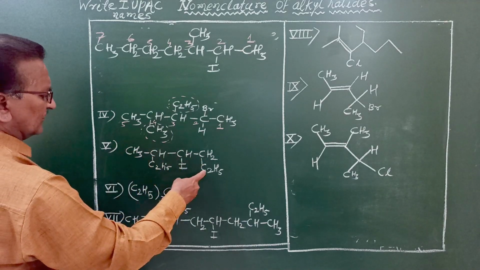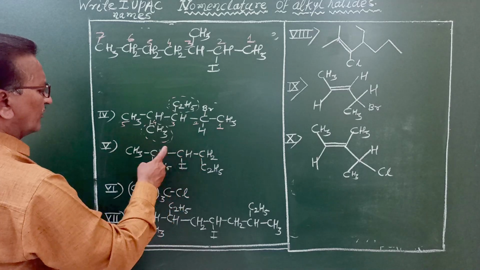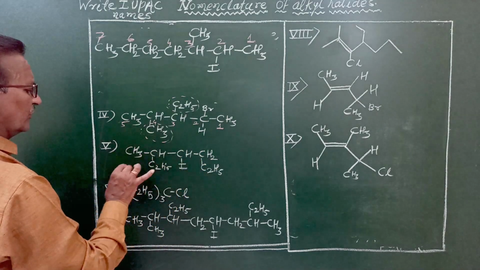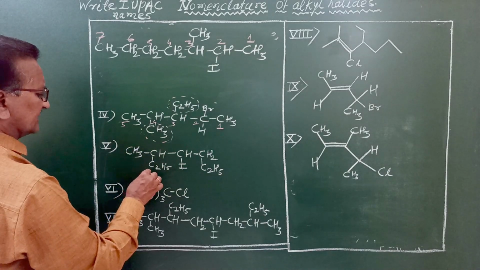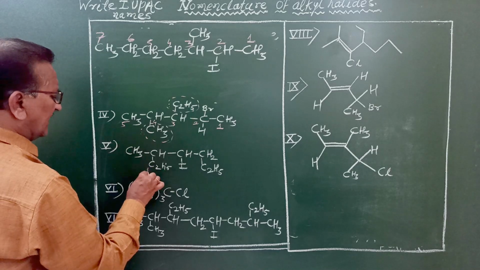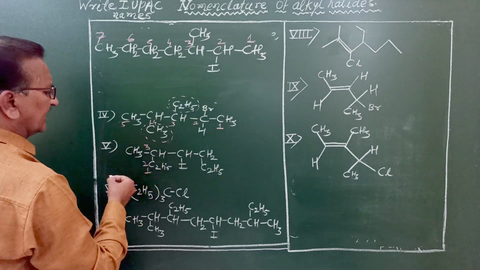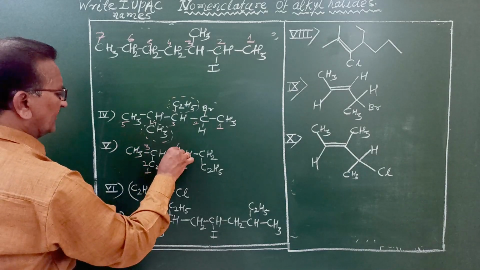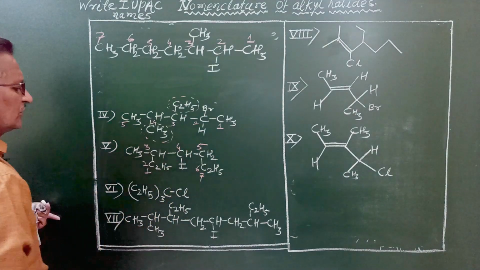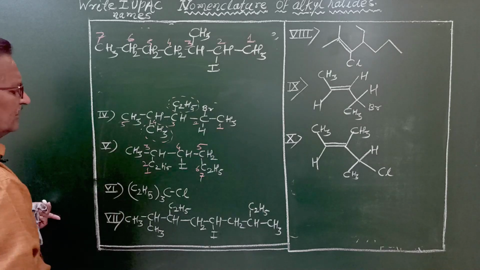But when we select this chain, 1, 2, 3, 4, 5, 6 and 7, there are 7 carbon atoms. And how to number the carbon atoms of this longest continuous chain? We must number from this end. 1, 2, 3. Here this is carbon number 4. This is carbon number 5, 6 and 7. Total there are 7 carbon atoms.